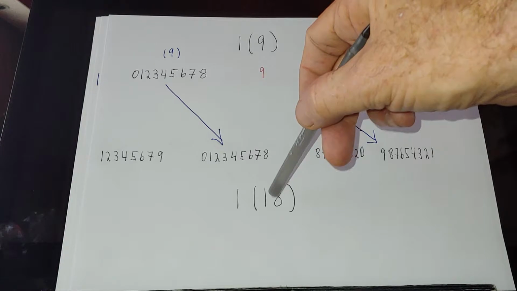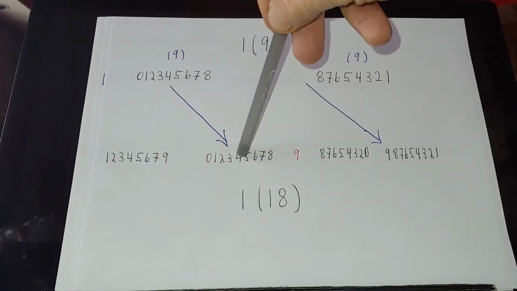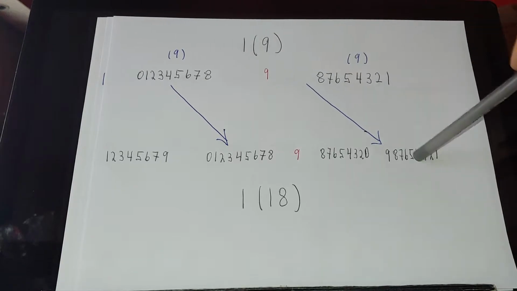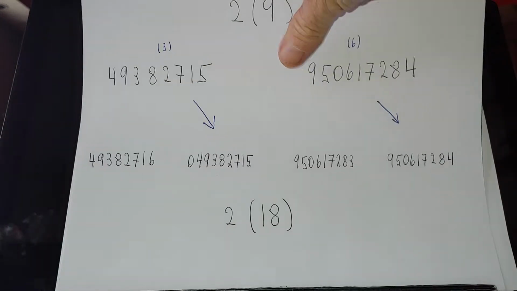All right, 9 of them and 1 with 18 of them. What we're going to see is basically this. On the left-hand side and on the right-hand side with 9 of them, this falls into this place, and this number falls into this place. And it will do that with all of the numbers.